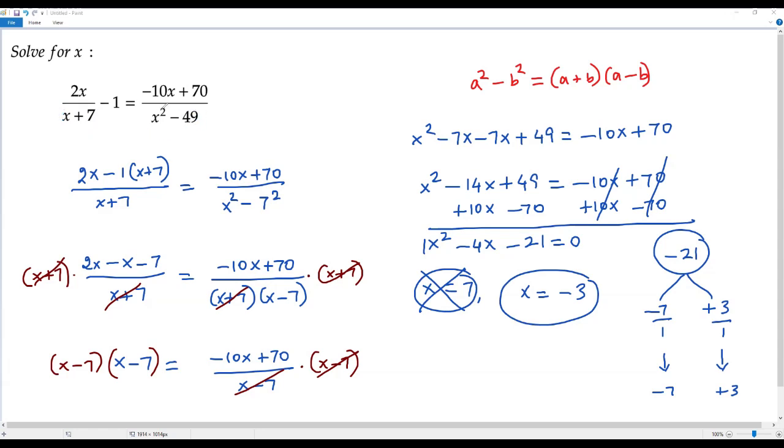When I plug in x equals negative 3, negative 3 squared is 9, and 9 minus 49 is negative 40. So this denominator does not become 0 either. The second solution, x equals negative 3, does not make any of the denominators in the given rational equation 0, so we can consider it a valid solution. Therefore, the solution for the given rational equation is x equals negative 3.